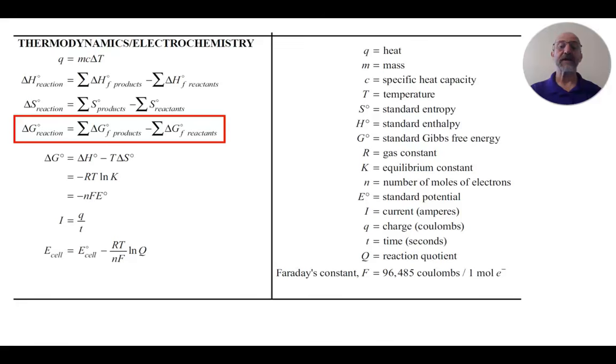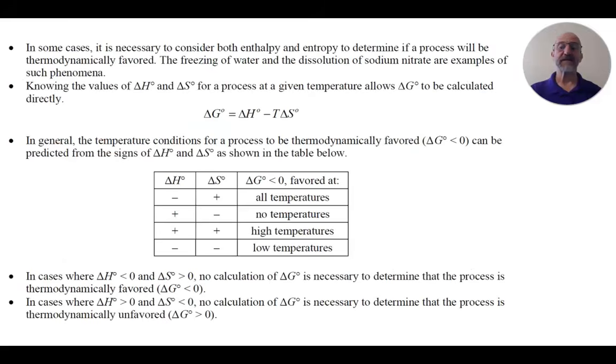Our next essential knowledge statement says, in some cases, it is necessary to consider both enthalpy and entropy to determine if a process will be thermodynamically favored. The freezing of water and the dissolution of sodium nitrate are examples of such phenomena.